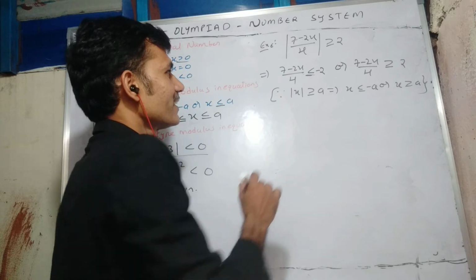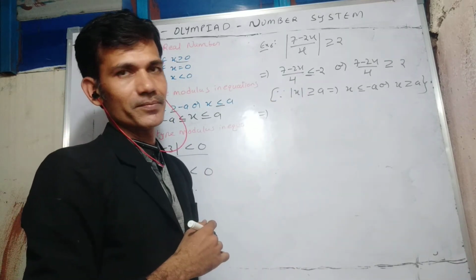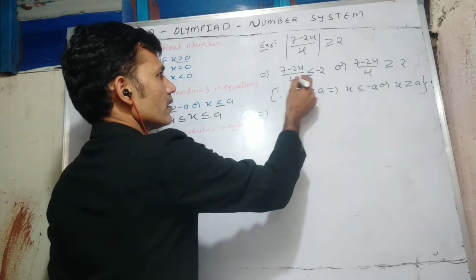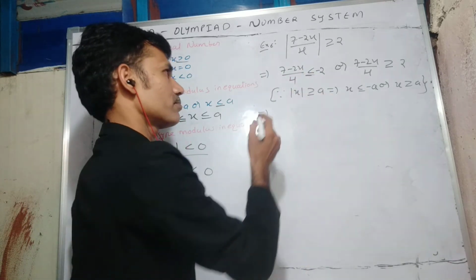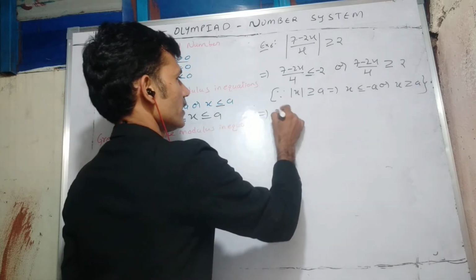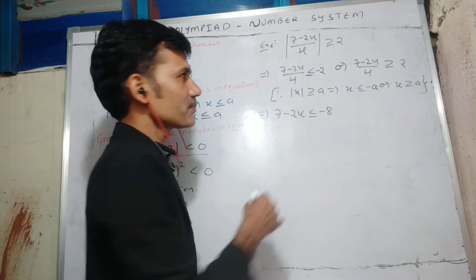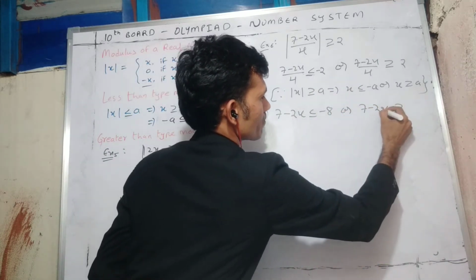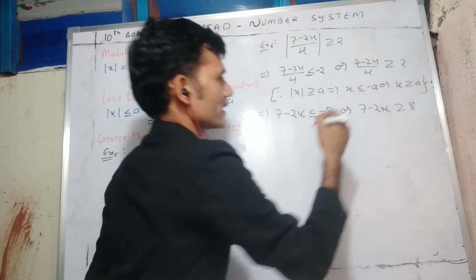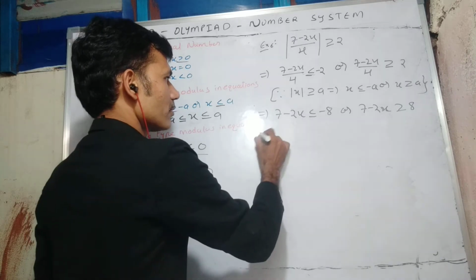Okay. So you have to further simplify and write the solution in set form. First I want to take out 4, so multiply both sides with 4. Positive number means no problem. 7 minus 2x is less than or equal to -8, or 7 minus 2x is greater than or equal to 8. Now take out that 7. So what we have to do?